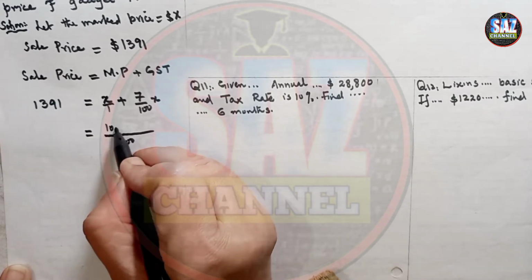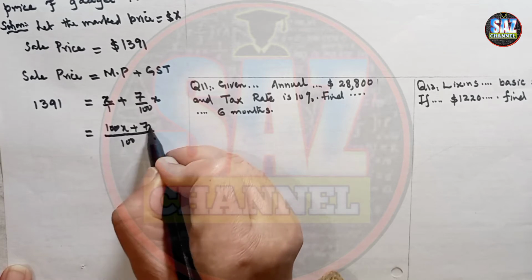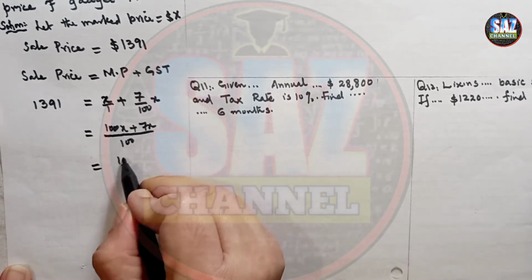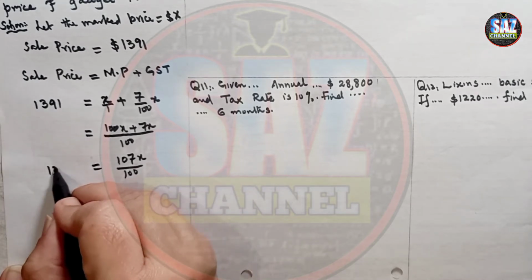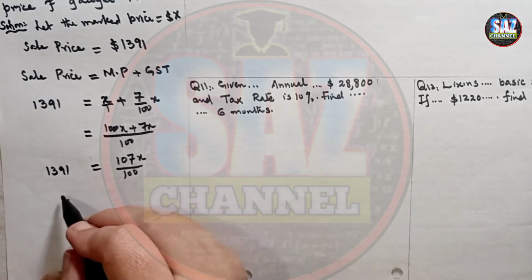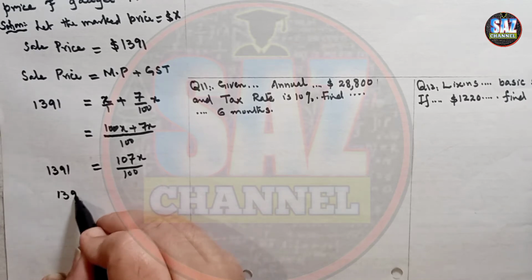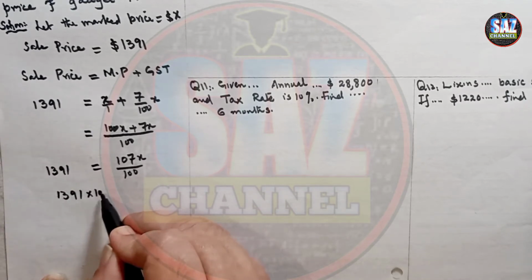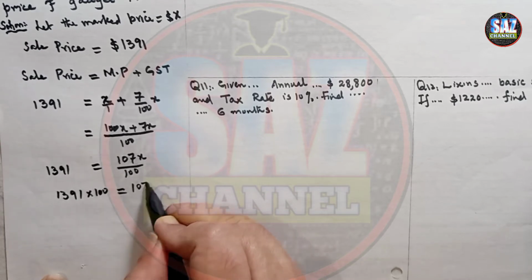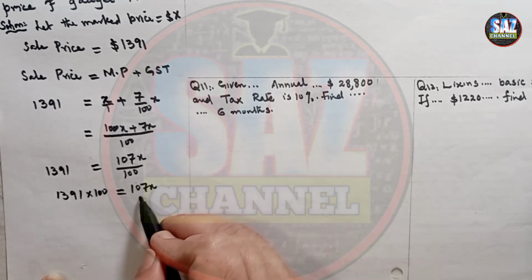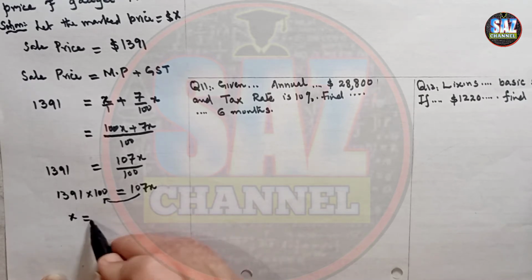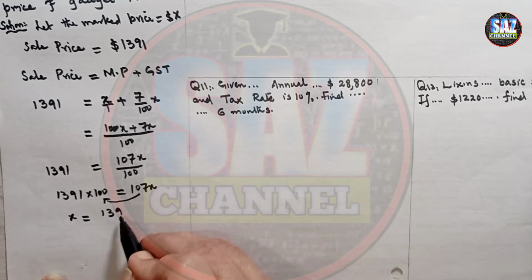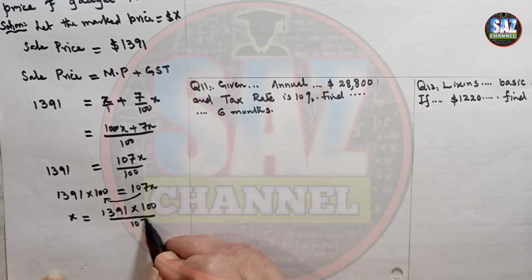So this will become 100x plus 7x, equals 107x upon 100, equals 1391. Shift 100 to the other side: 1391 multiplied by 100 equals 107x, and in order to get the value of x, we have to shift 107 to the other side, so x equals 1391 multiplied by 100 upon 107.